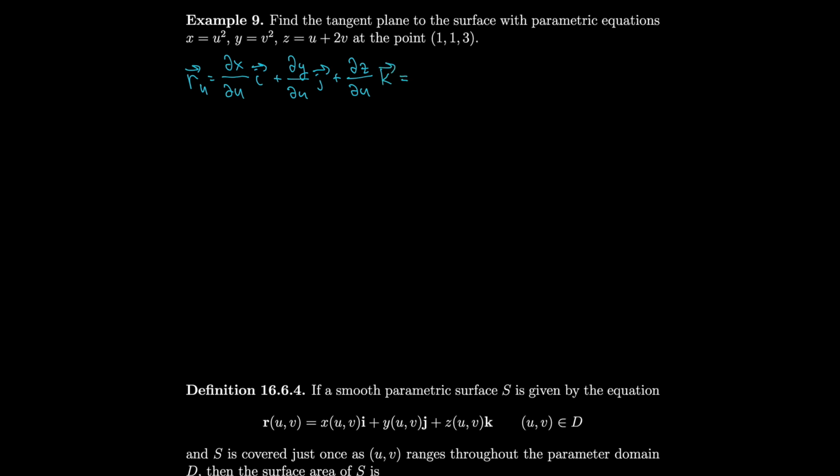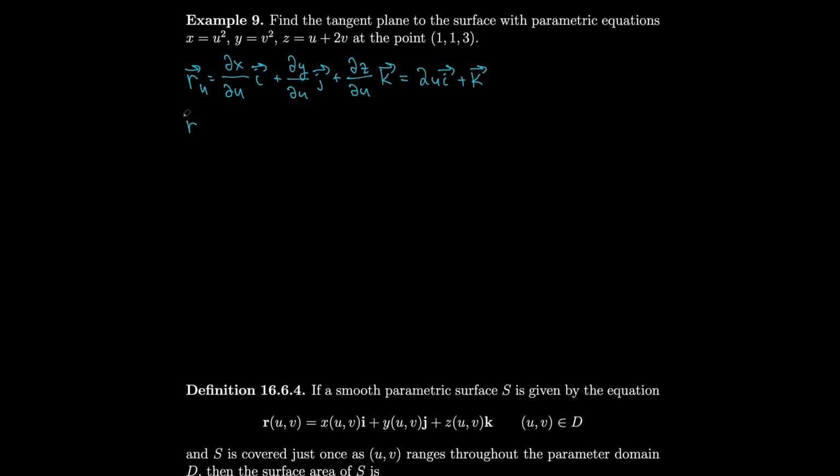So that'll be, in this case, 2u i, and then this is just v squared for y, so when we take the partial with respect to u, it disappears, so we don't have any j's. And then for z, the partial is just 1, so we just get k.